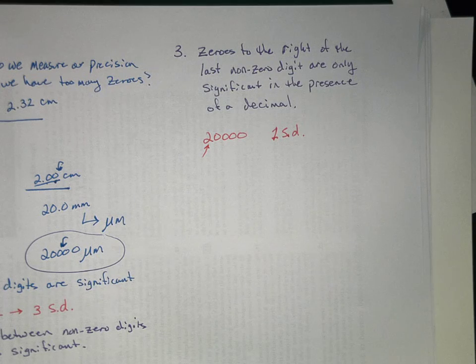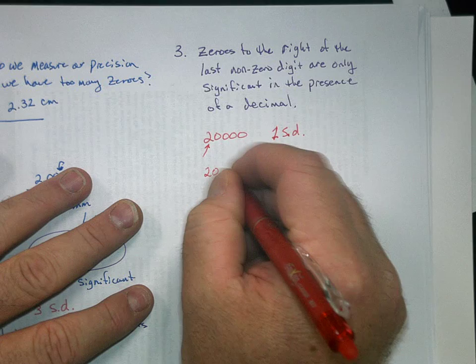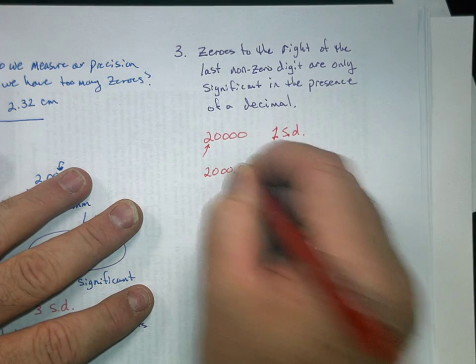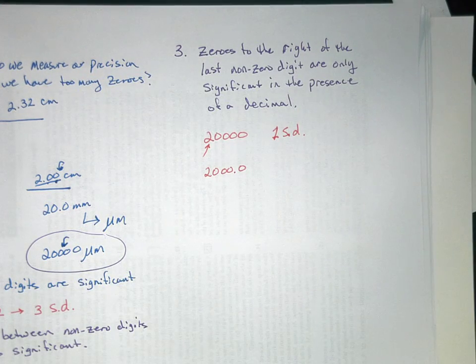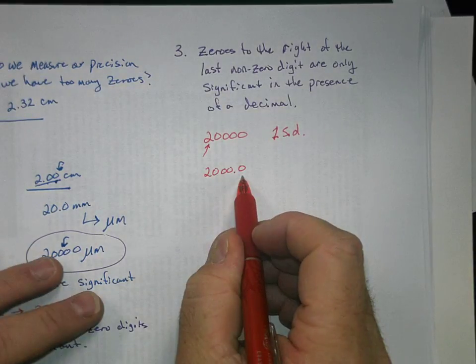Now, if I put a decimal in there, what is the value of this number? How much is it? 2,000, right? But we know it's precise to what digit? Which place? That 10,000th place, right?